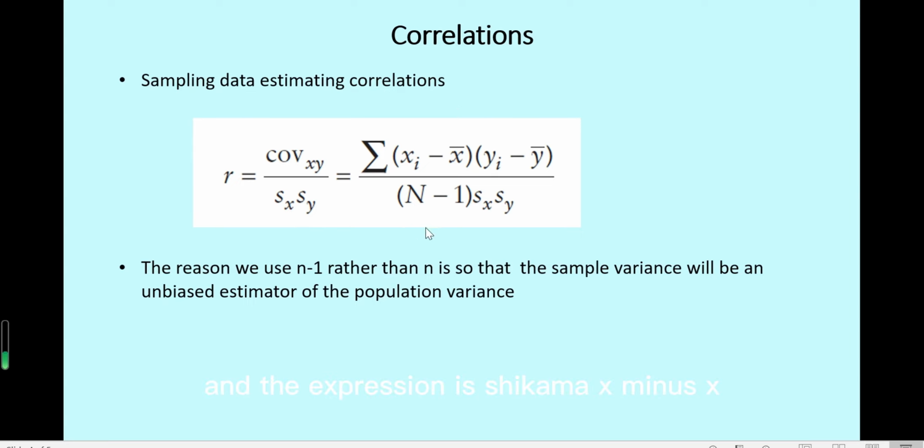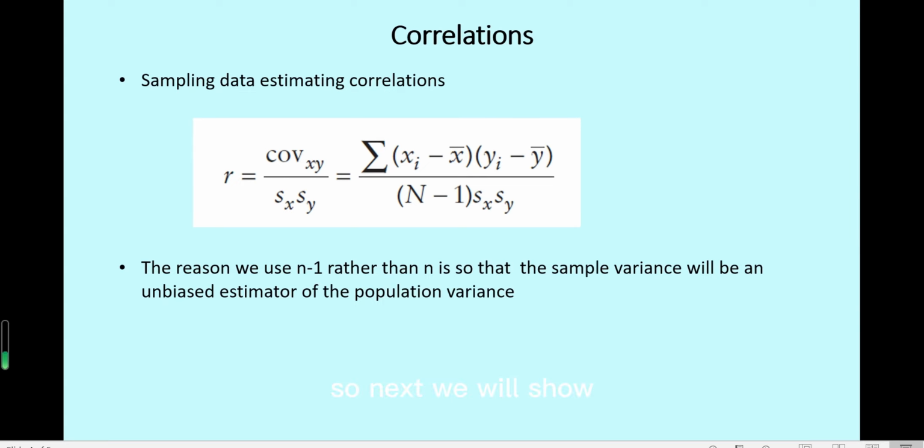The expression is the sum of (xi minus x bar, the sample mean of x) times (yi minus y bar, the sample mean of y), divided by (n minus 1) times sx sy, where sx and sy are the standard deviations of x and y respectively. We use n minus 1 here because this is an unbiased estimate of the population variance. So this is calculated from the sample data.